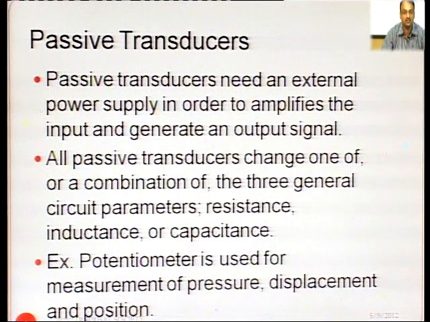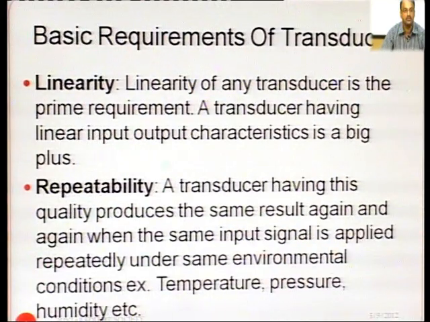All passive transducers work on the principle of changing either one parameter or a combination of these three circuit parameters: resistance, inductance or capacitance. For example, a potentiometer is used for measurement of pressure, displacement and position. It is an example of a passive transducer.